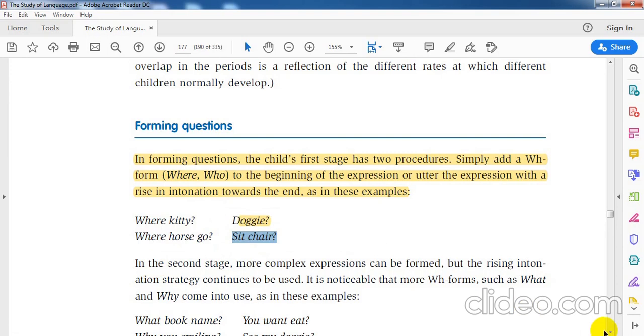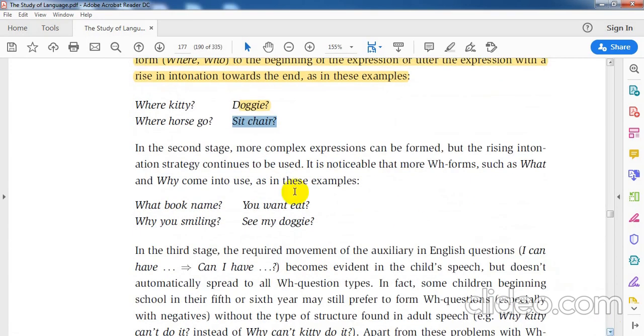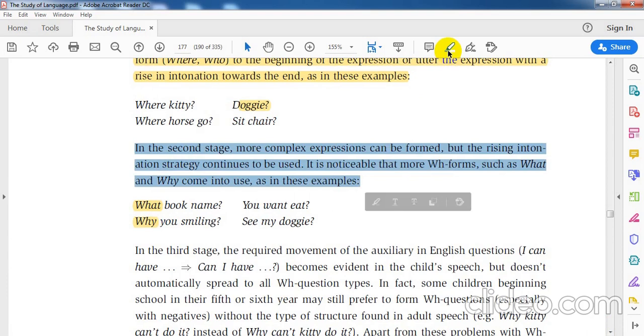This is stage 1. For stage 2, the child is going to be able to implement in his or her speech the use of the what and why. The what and why. Okay, so these 2 additional WH questions are added to the where and who. Now, in the second stage, more complex expressions can be formed.